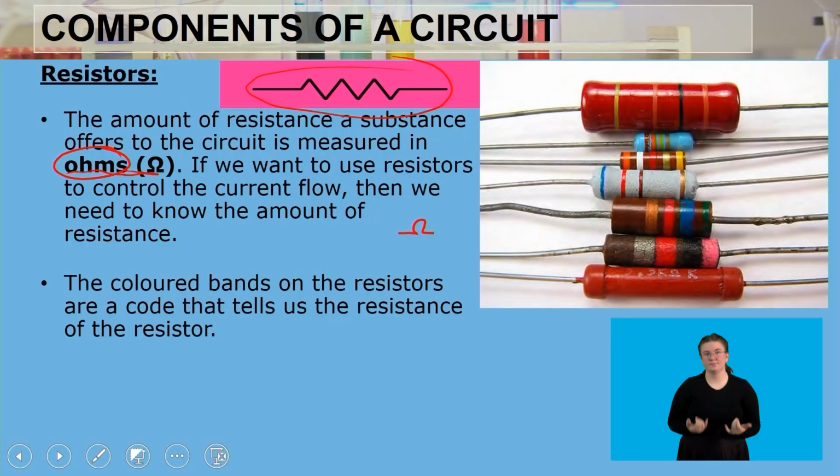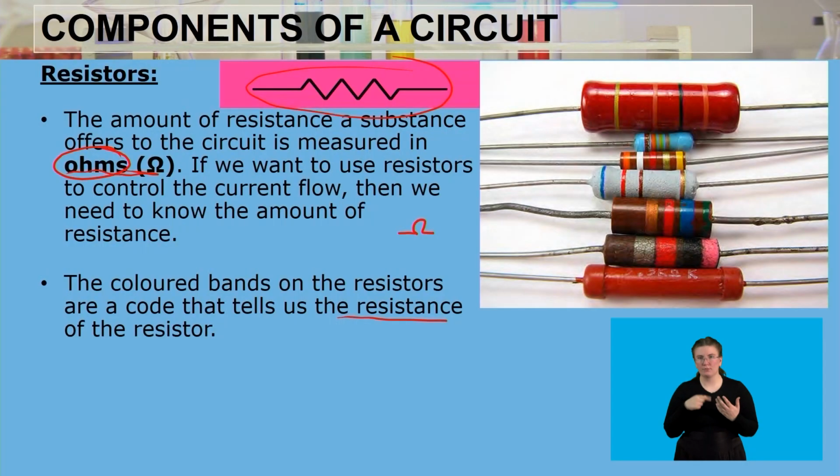The light bulbs that enable us to see in the dark are another form of resistor. Now the colored bands that we're seeing here on this resistor are a code that tells us the resistance of this resistor. As we have said, we need to know how much resistance we want in order to control the flow of current.